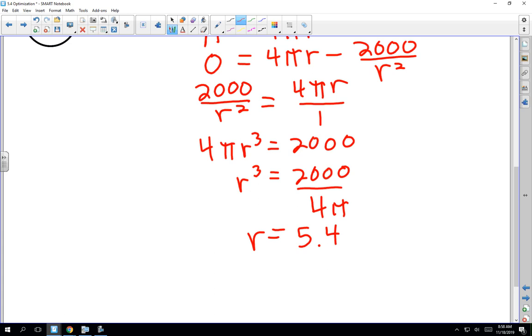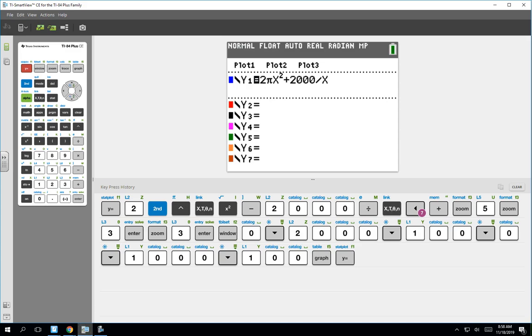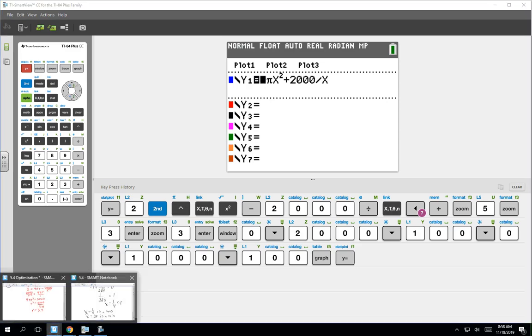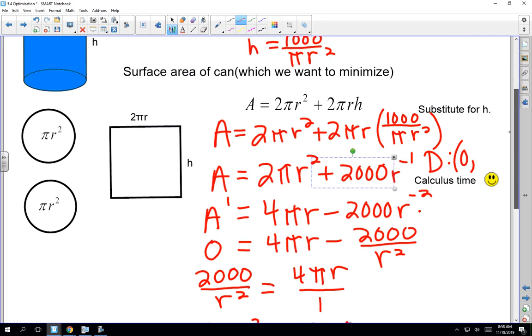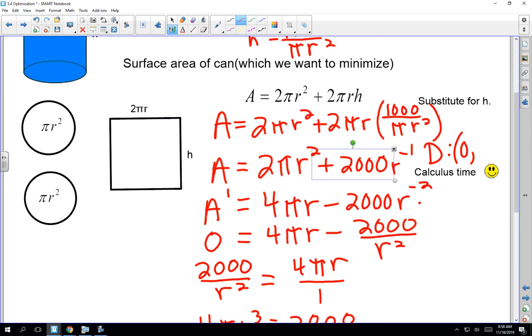It's the only value we have. It's the only critical point. So if R is our X, let's look at one more thing here, and then we can get our window. If I plug in 5.4 up here, what kind of area do I get? 5.4 squared is about 25, times 2 is 50, times 3, 150. 2,000 divided by 5 is going to be about 400, right?